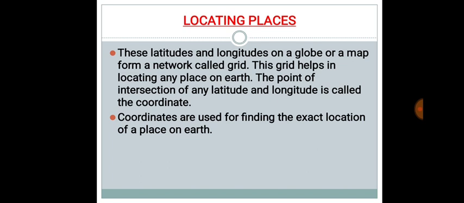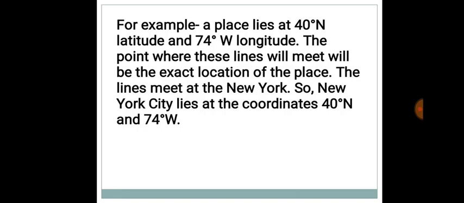The point of intersection of any latitude and longitude is called the coordinate. Coordinates are used for finding the exact location of a place on earth. So these two sets of lines, latitudes and longitudes, form a network called a grid, and it helps in locating a place on earth.